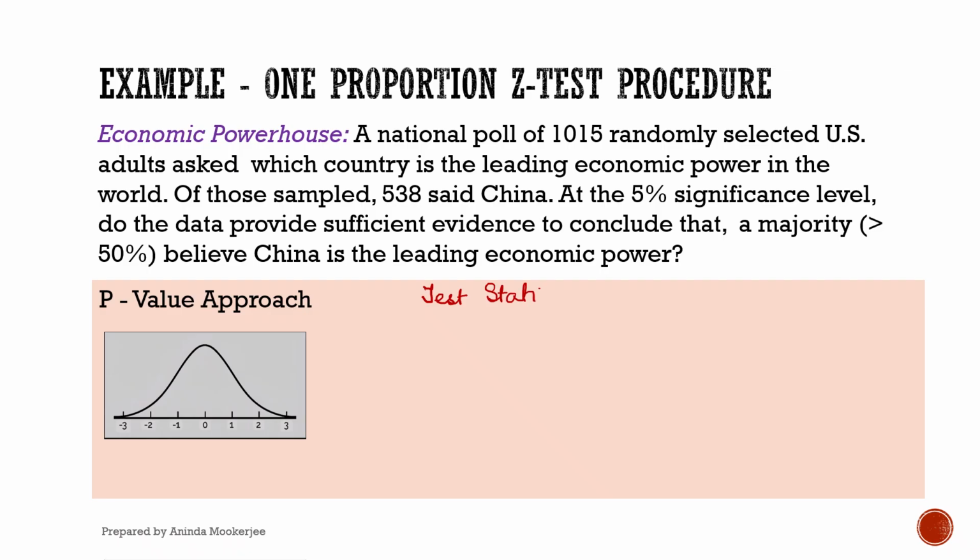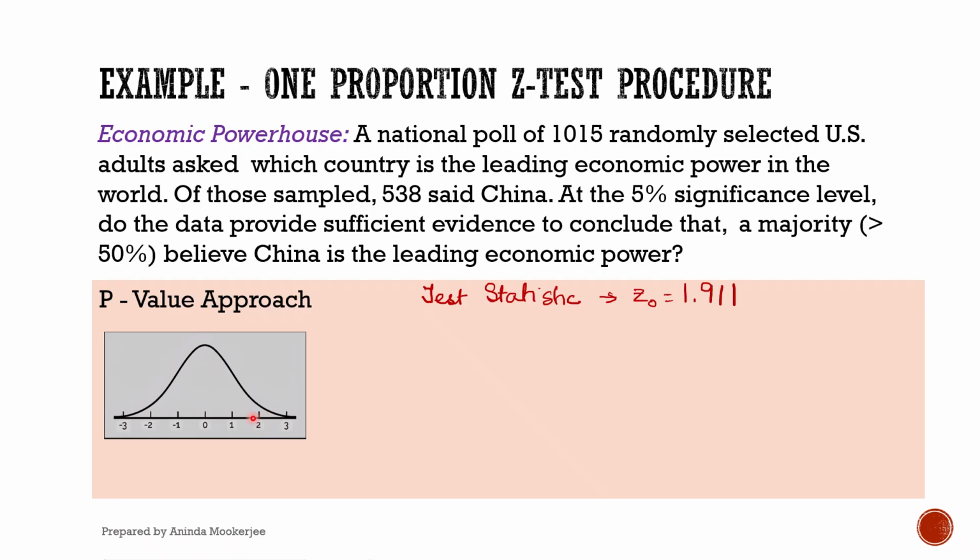So the test statistic was z sub 0 equals 1.911, correct? So what I'm going to do now is show where 1.911 is on the standard normal curve in this diagram here.